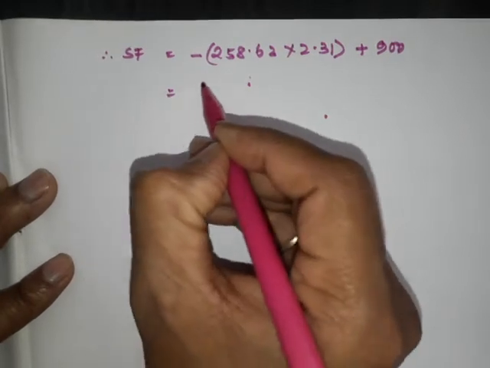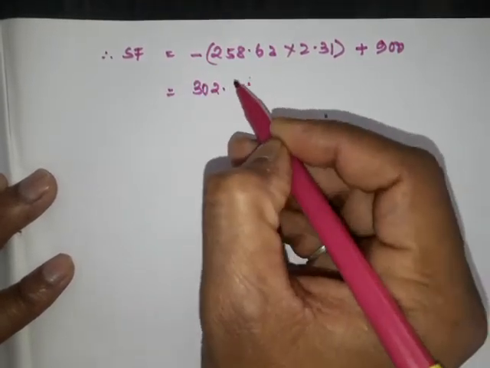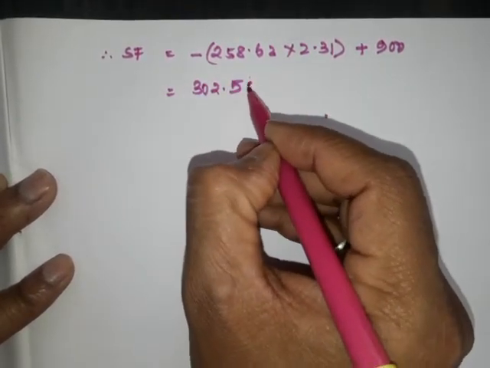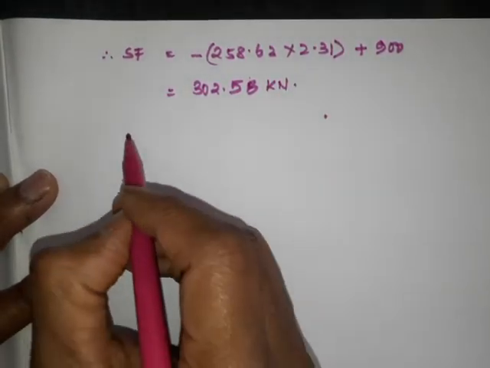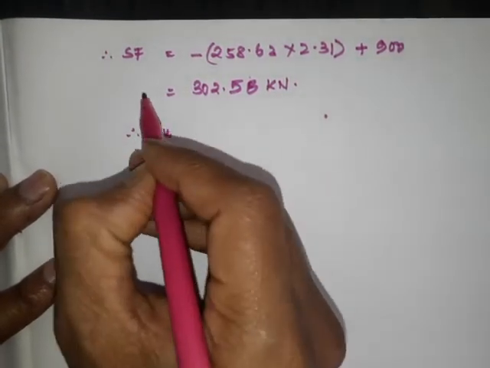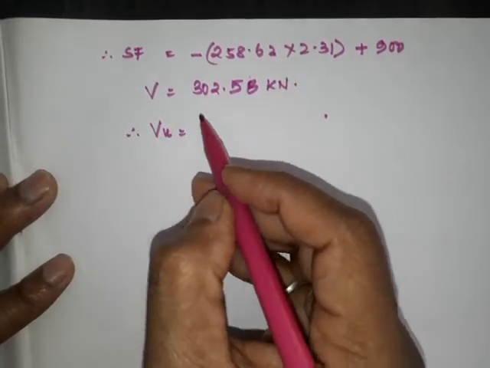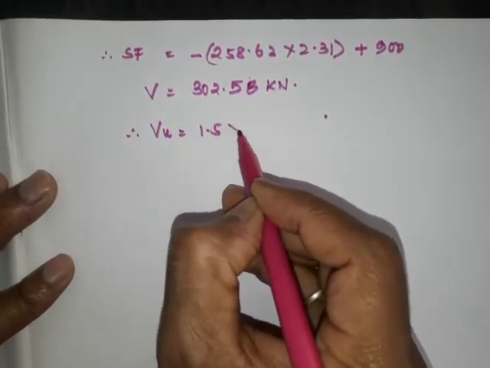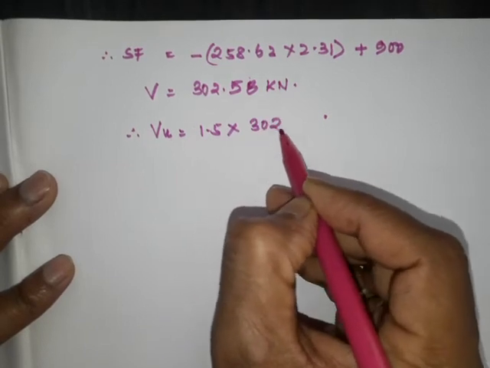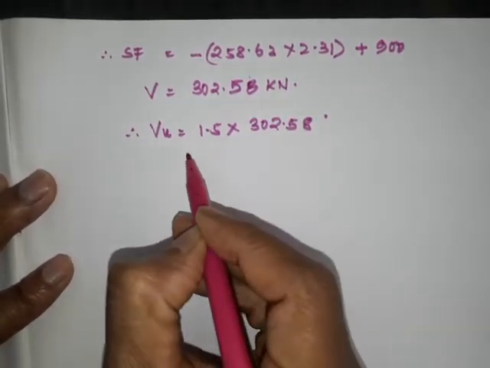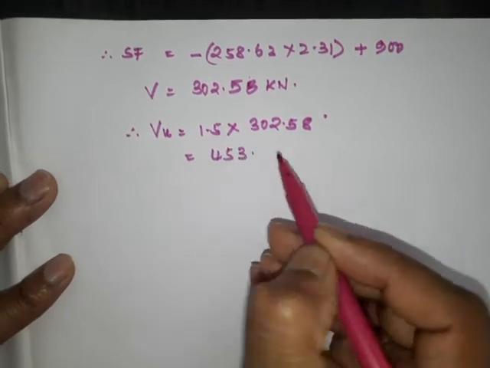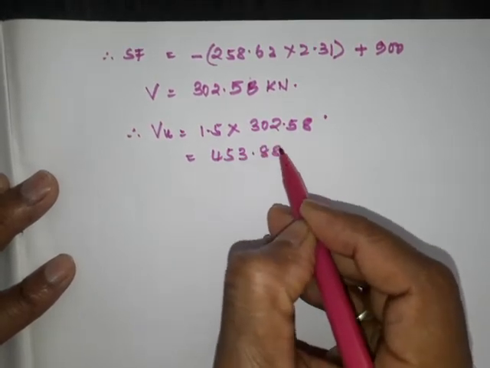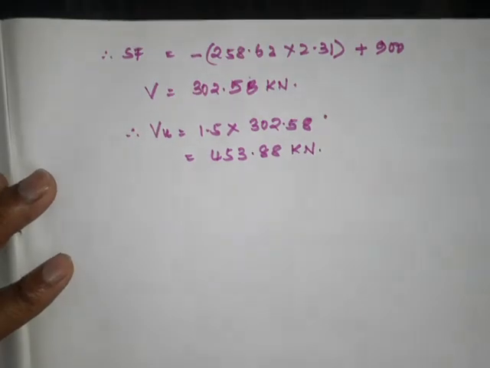So we'll get this as 302.58 kilonewton. Therefore, factored shear force, this is Vu, it is 1.5 times 302.58. So this is factored, and we'll get 453.88 kilonewton.